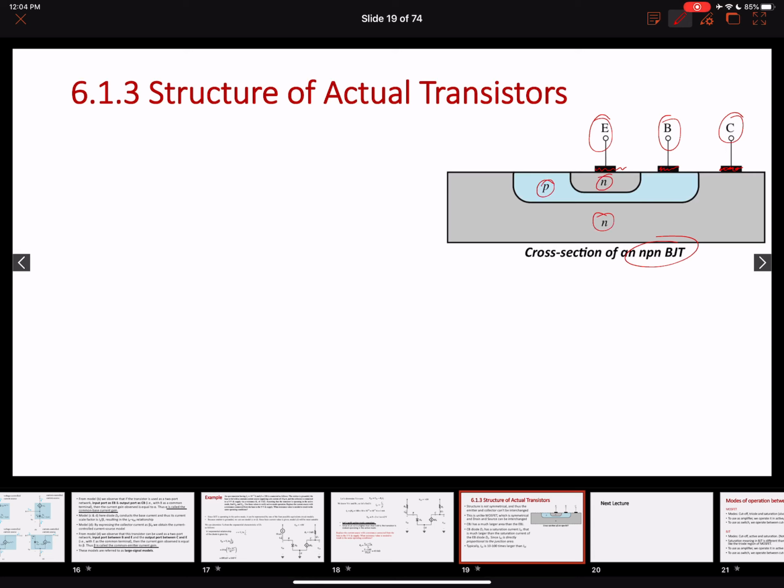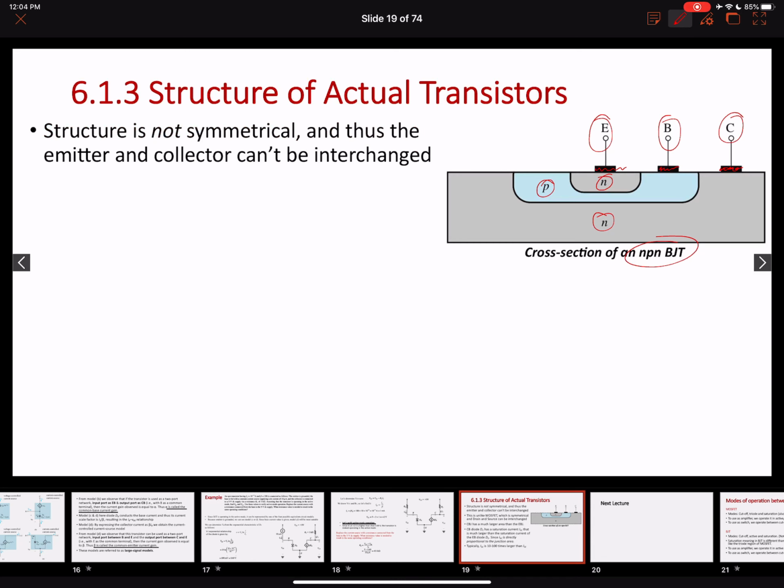So the thing to notice over here is that this structure is not symmetrical. So in terms of biasing the transistor, if we have to interchange the collector and the emitter terminals, we cannot and we should not. And this is in contrast to a MOSFET, where our structure was very symmetrical in nature.